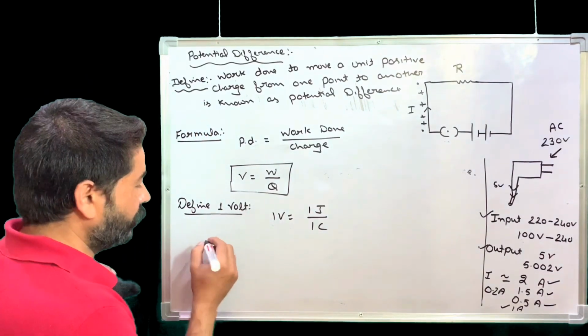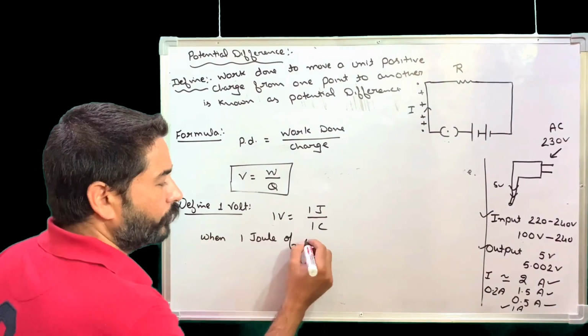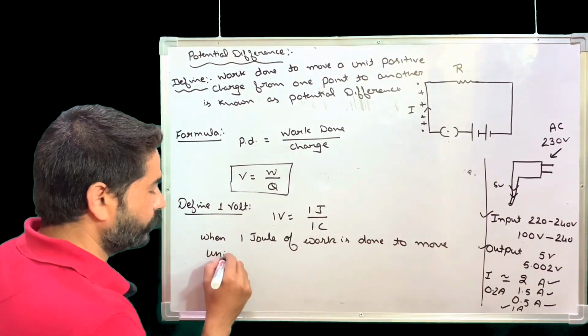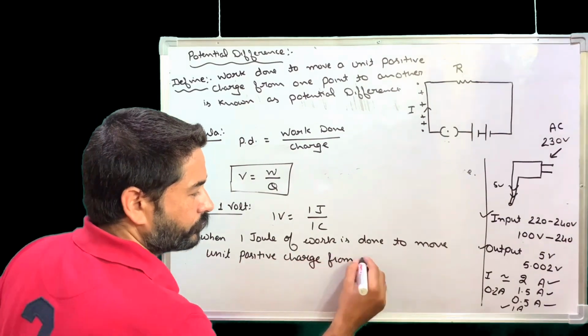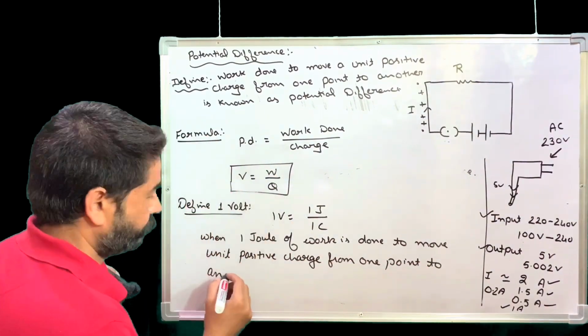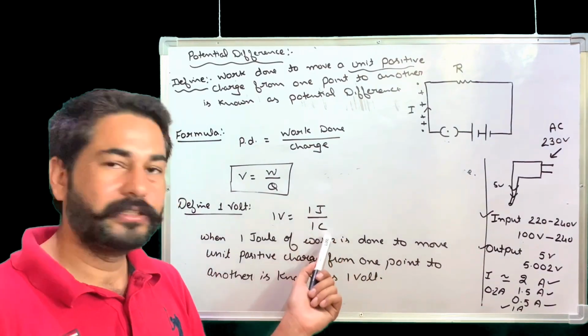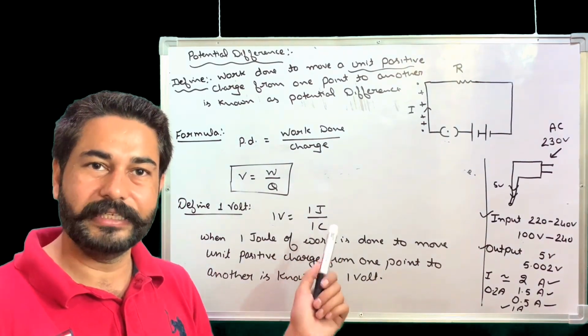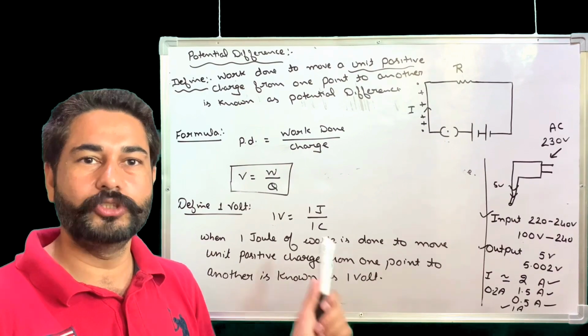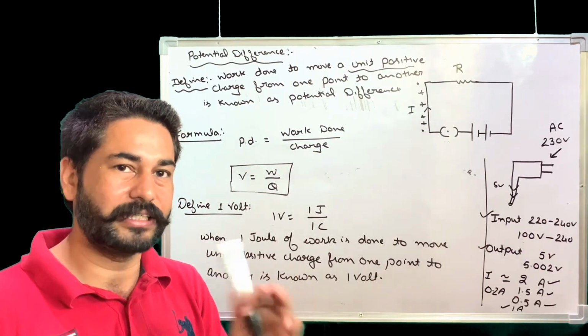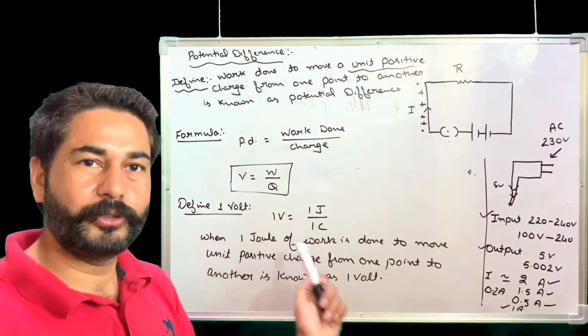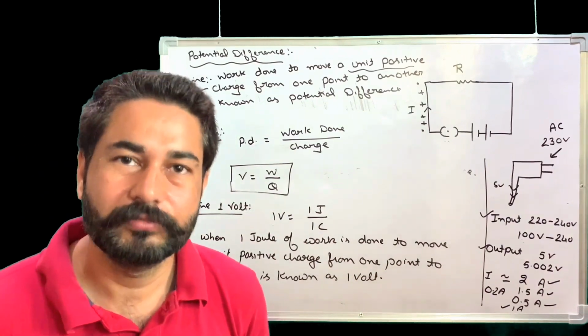So you will define 1 volt when 1 joule of work is done to move a 1 coulomb charge, or you can say unit positive charge. Unit positive charge or 1 coulomb charge, both are the same. From one point to another, then the potential difference is known as 1 volt.